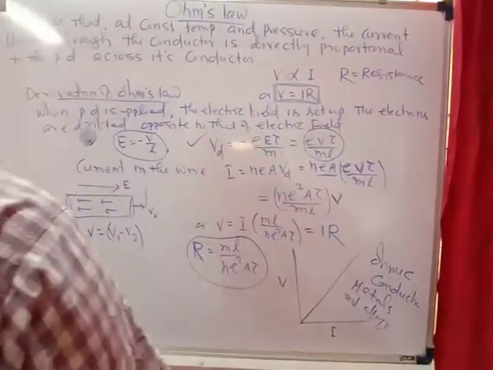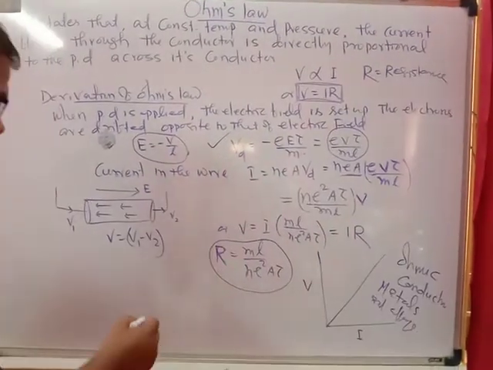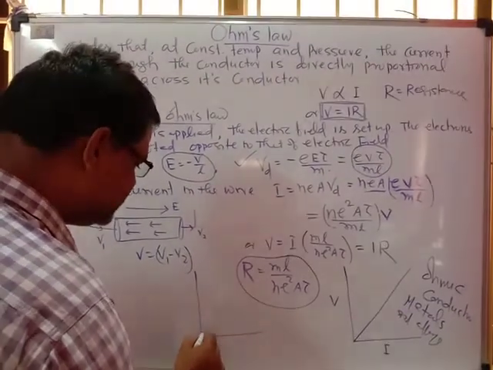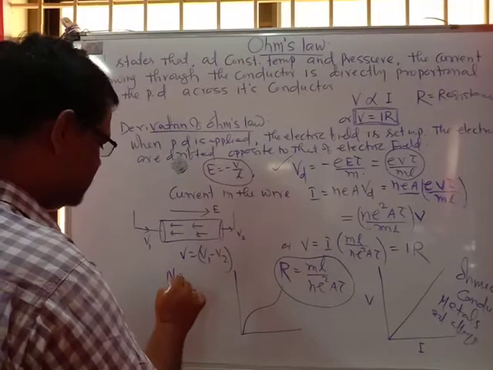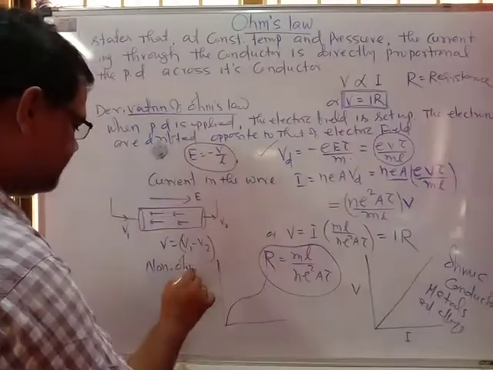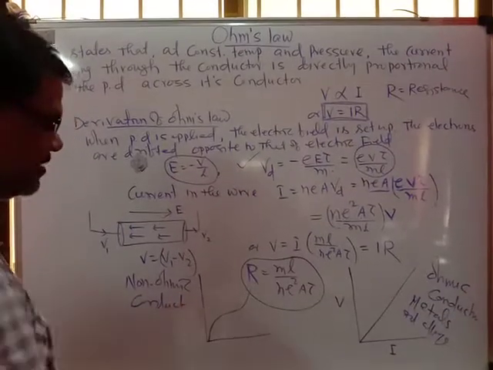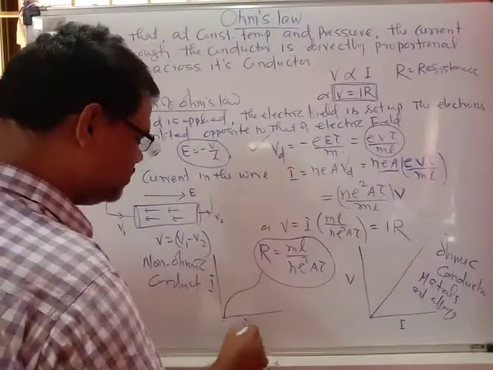For a non-ohmic conductor, the graph is not a straight line. If you take I versus V also, no problem.